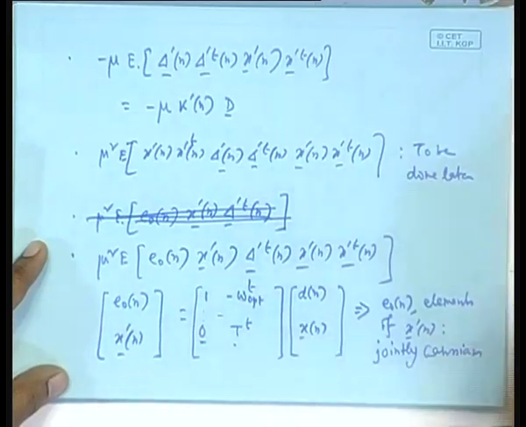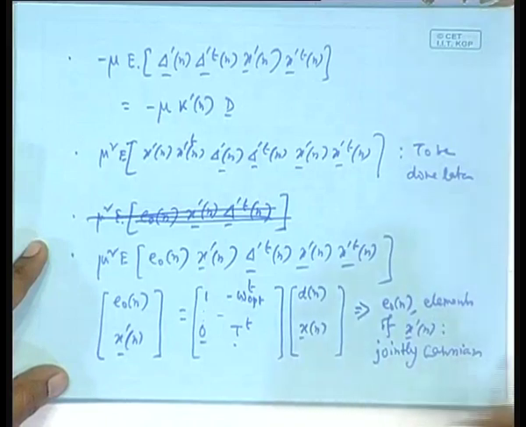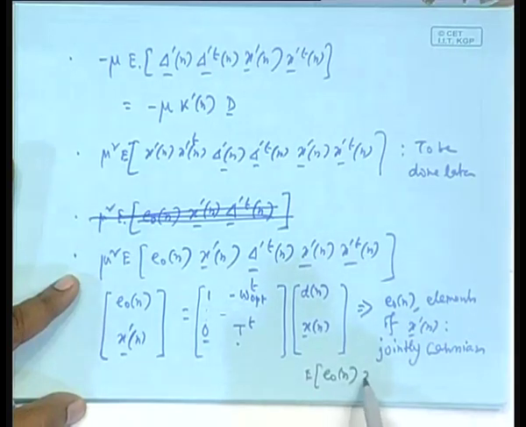But we have also seen, because of orthogonality of the optimal error, can you see this on the screen? e o n times x prime n, all the components: if you take e o n and multiply with each component, take the expected value, you get 0, because after all x prime n was T transpose x n. T transpose you can take out, and e o n is orthogonal to all the components of x n, so 0.